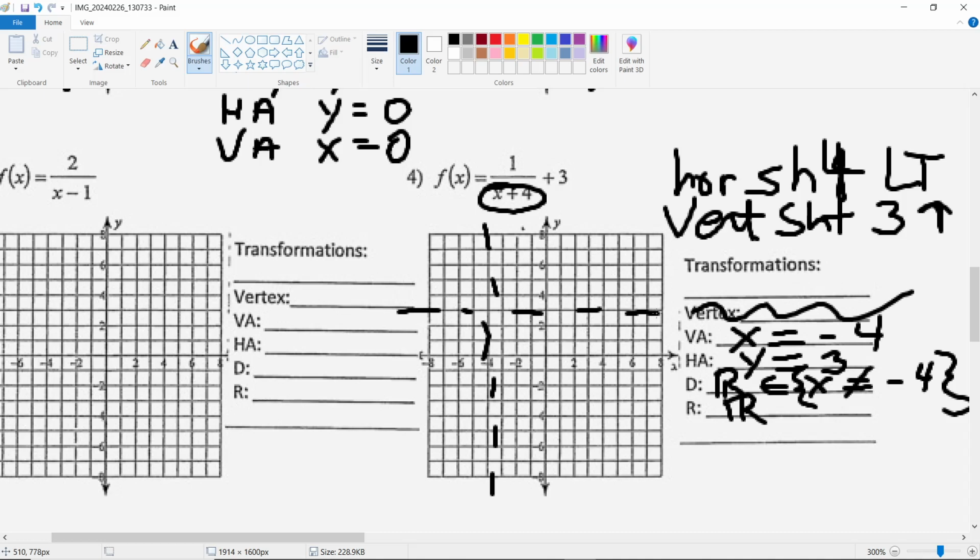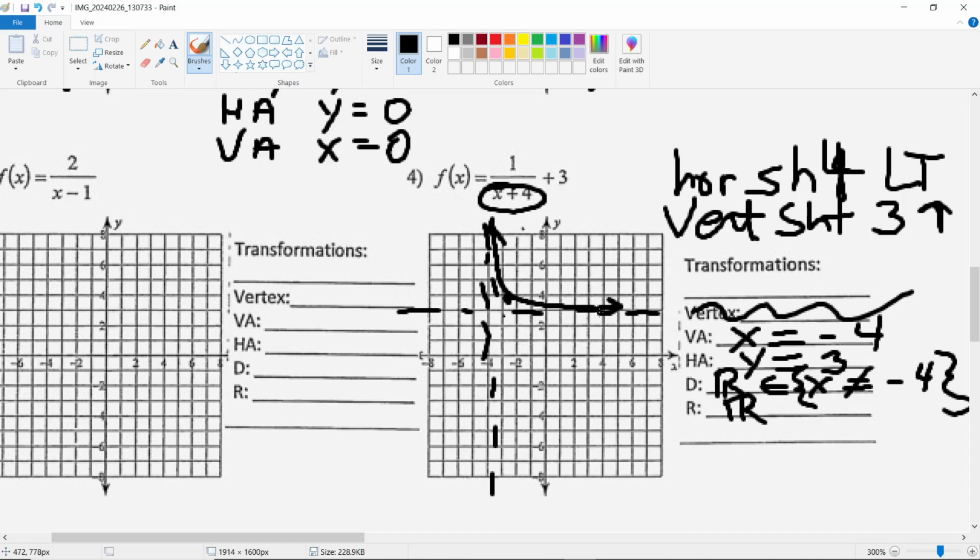Let's try x equal -3. -3 plus 4 is 1. 1 over 1 is 1 plus 3 is 4. So at x equals -3, y is 4. So it's something like that. It's got to approach the asymptotes.